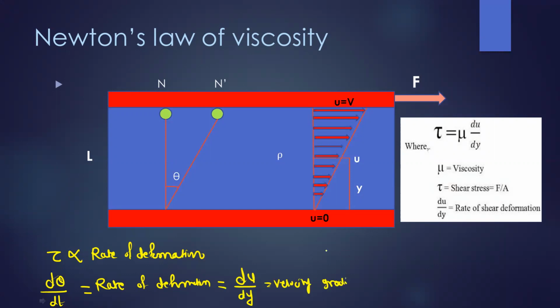Okay. So we can write tau is proportional to d theta upon dt. And from this, we can write the equation tau is proportional to du upon dy. Okay. Now this proportionality we can convert into equality by adding the constant, which is called the coefficient of viscosity.